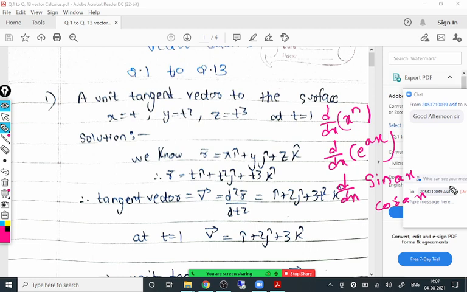Maximum 4, 5, 6 formulas of differentiation are required. So don't think calculus is very difficult. Just focus on the basic formulas.